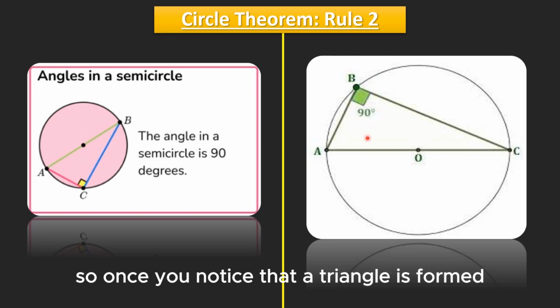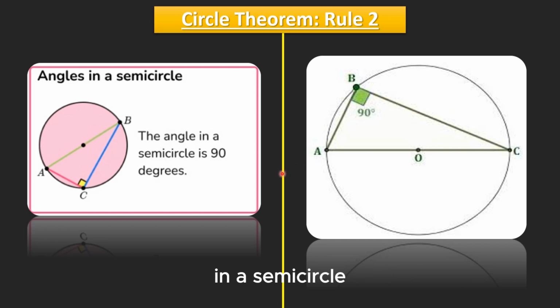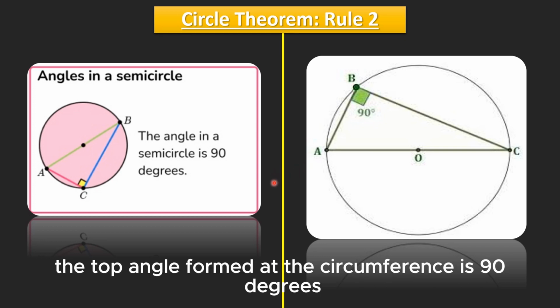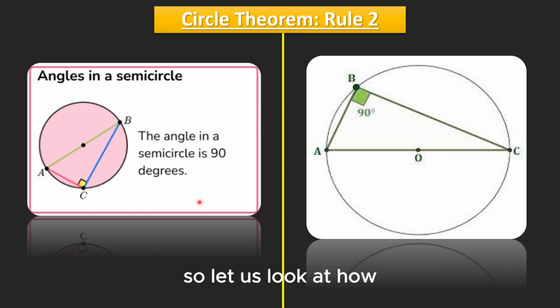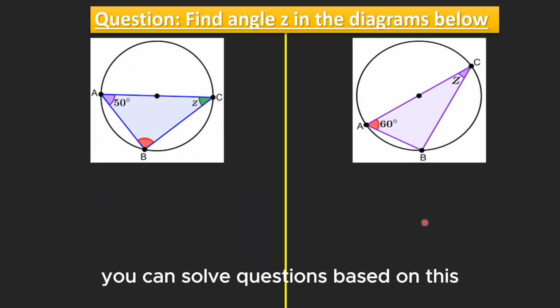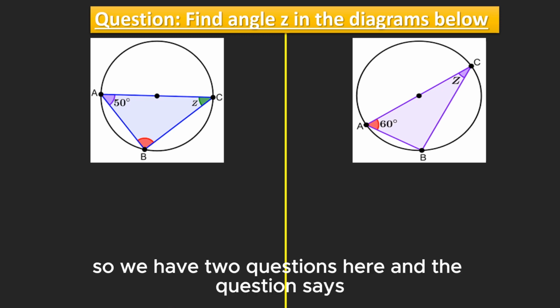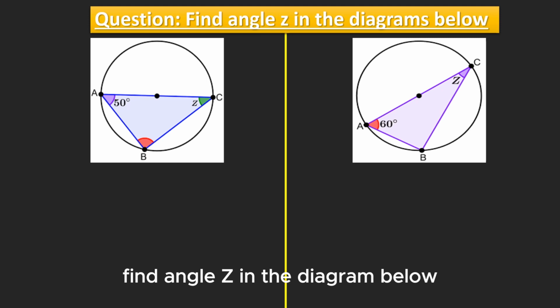So once you notice that a triangle is formed in a semicircle, the third angle formed at the circumference is 90 degrees. So let us look at how we can solve questions based on this. We have two questions here, and the question says find angle Z in the diagram below.